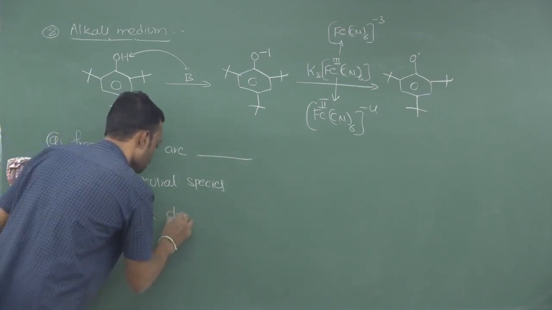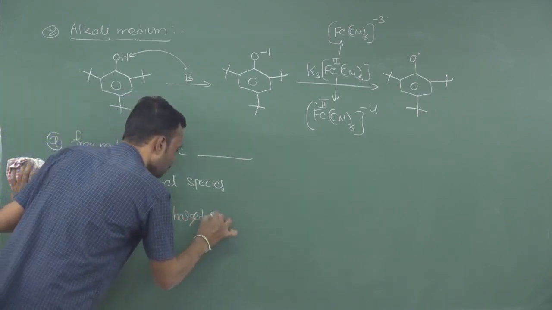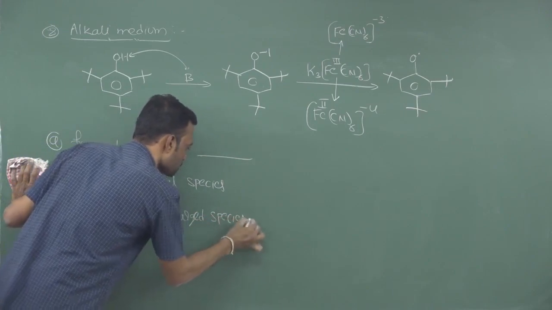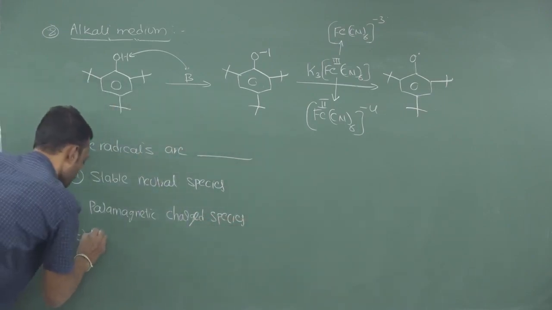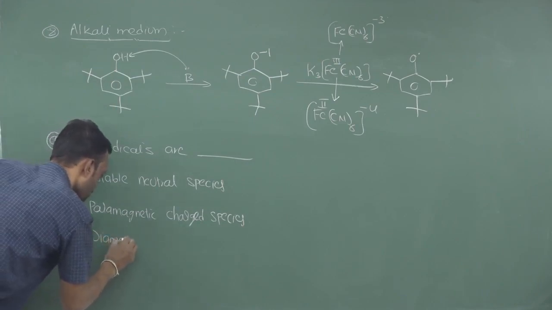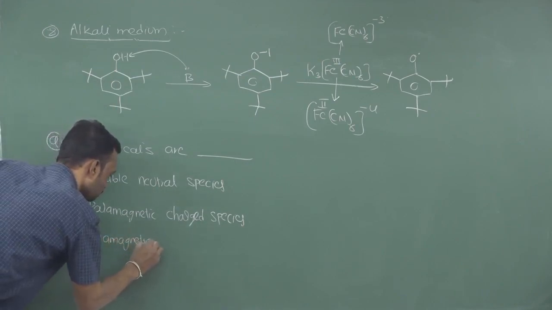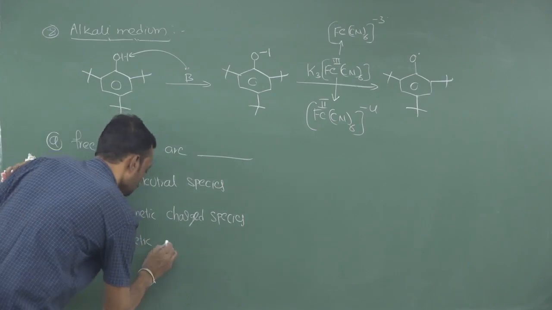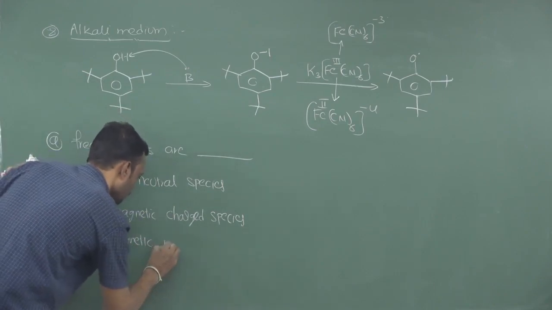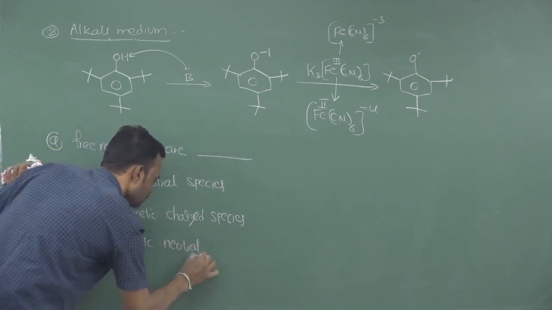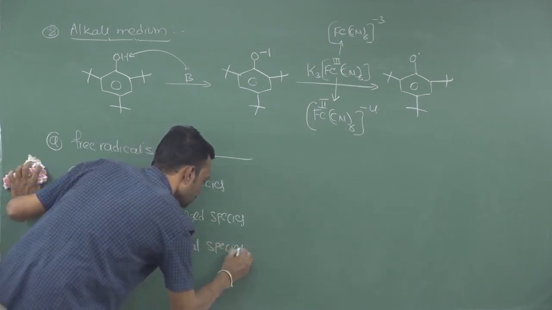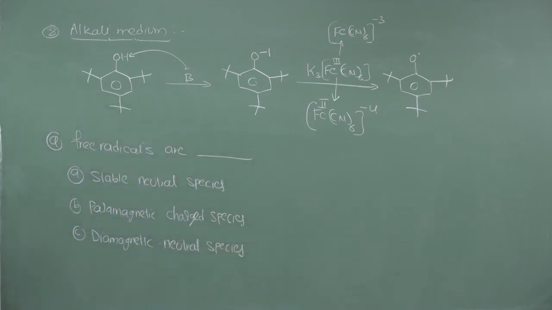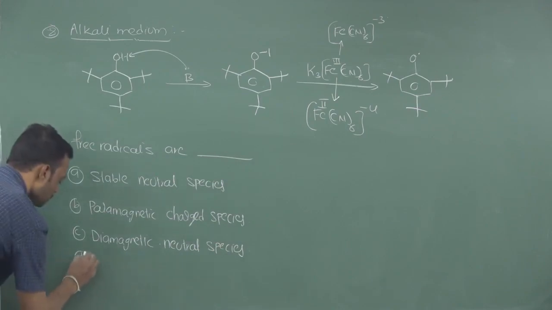Paramagnetic charged species. Diamagnetic neutral species. So option D, none.